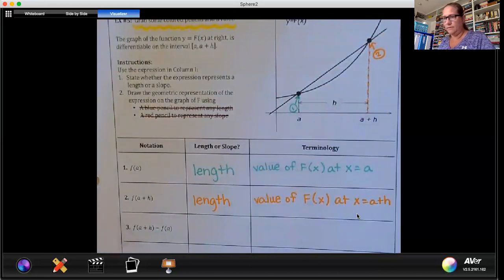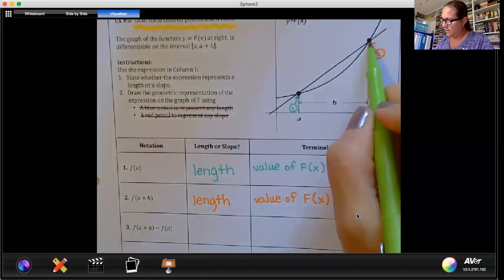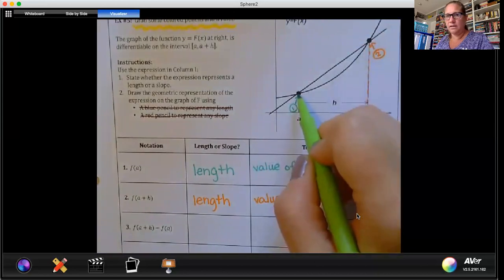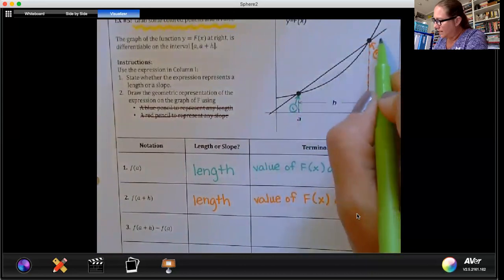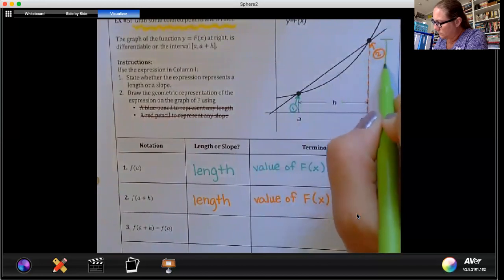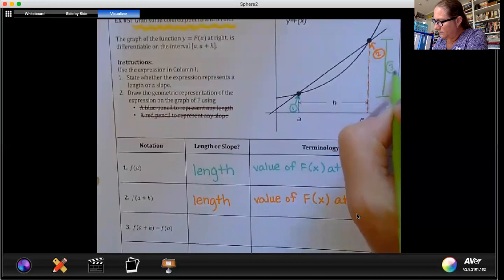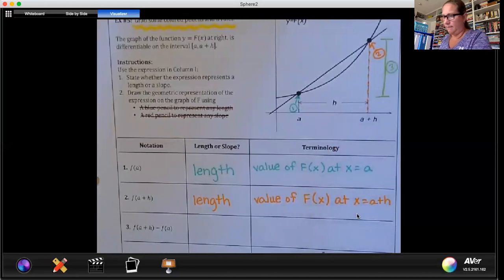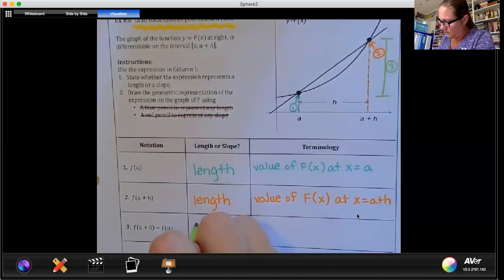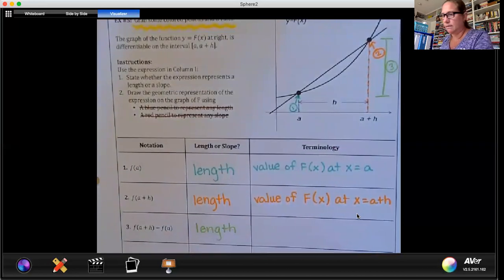All right, f of a plus h minus f of a. So this is f of a plus h, and this is f of a. So if we were going to subtract the two, that would be our value. So it's a y value minus a y value. Definitely not a slope. And because slope and length are our only two options, this one is a length.